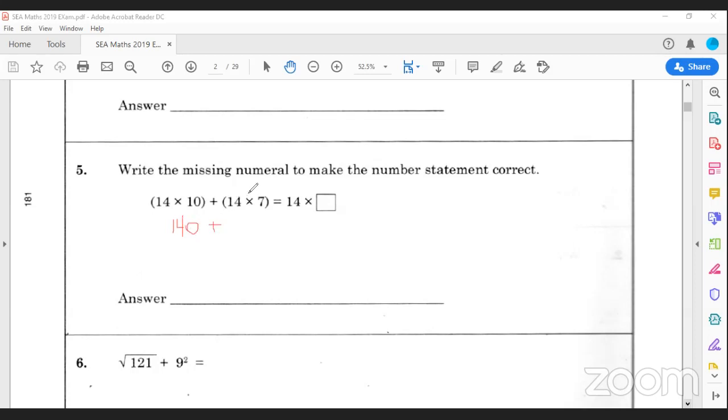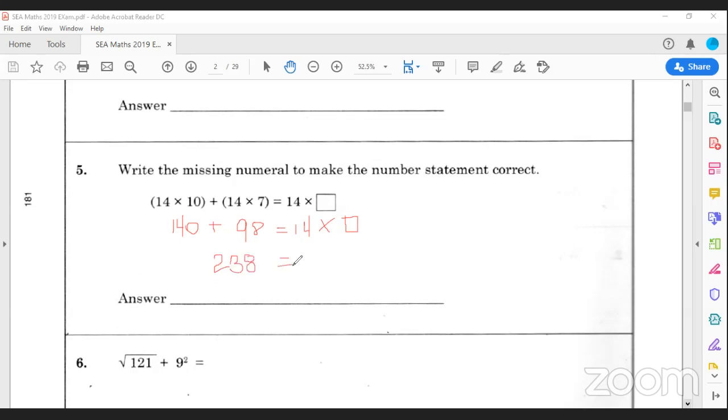Plus 14 multiplied by 7 is going to give us what? So we're going to write our 98 here is equal to 14 multiplied by something. So the next step, we're going to add 140 plus 98, which is going to give us 238.